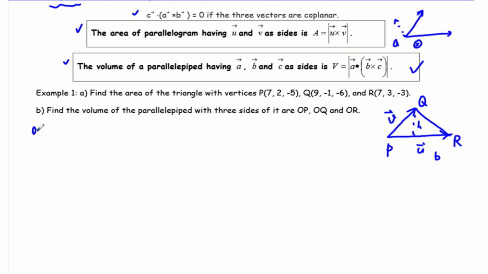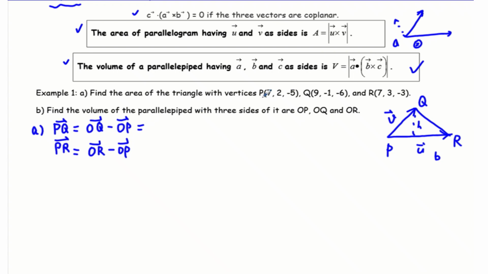For question A, what we want to find is PQ, that is one vector, and PR, another vector. We know PQ is OQ, the second letter, minus the first letter with the origin, and PR is OR minus OP.